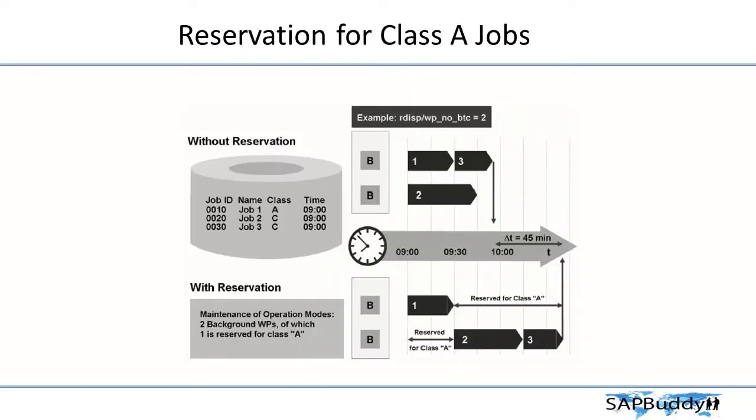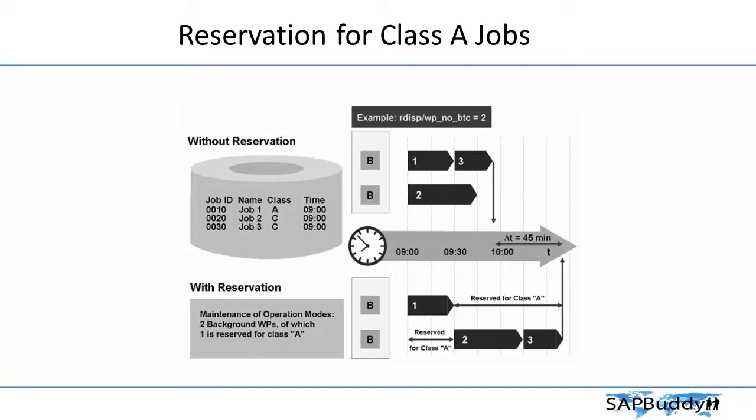Then let's see reserved class A servers. So far we have seen that we have class A and class B jobs. Class A jobs need to have more priority.